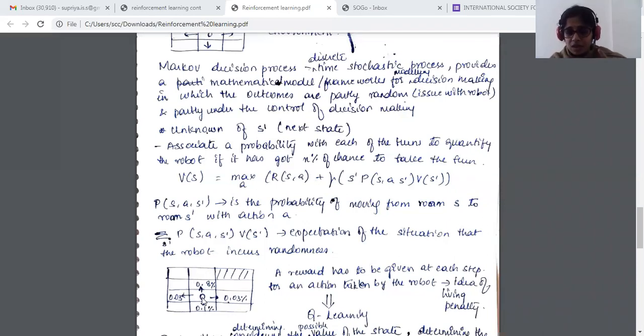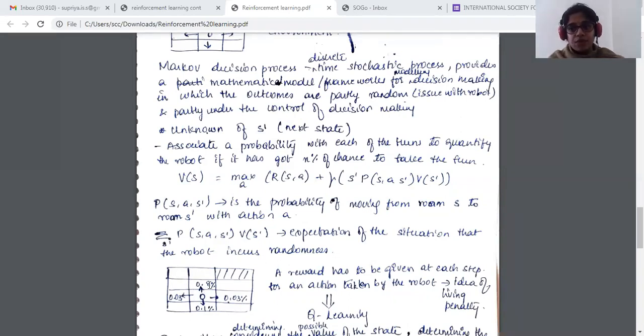So the robot is in that current state. Okay. I know the value of the states. The value of the states I have identified using the Bellman equation. But now I have to identify which position I have to take, right? So I'm going to tell, see, the probability of taking this path upwards is 0.8.